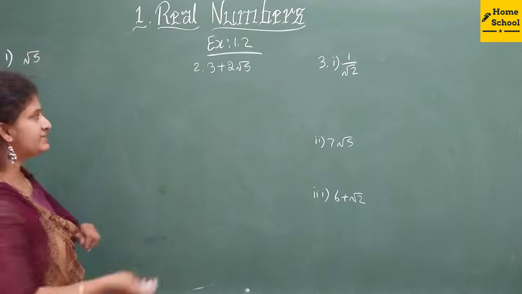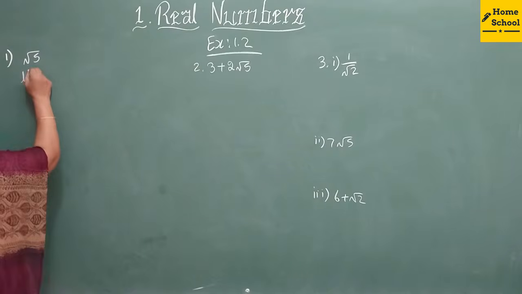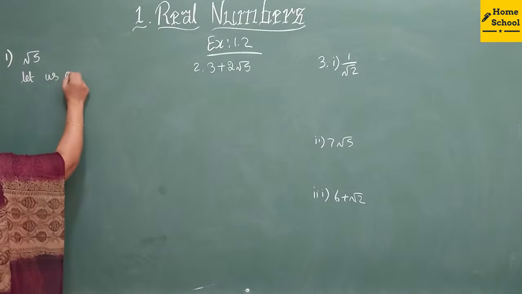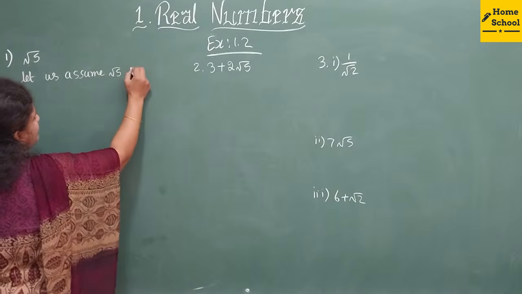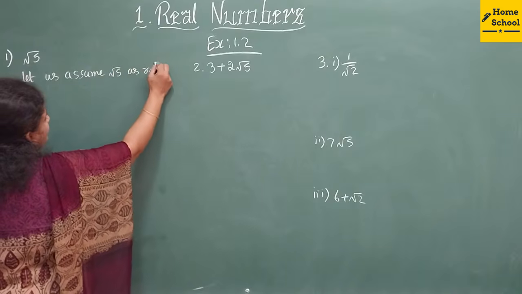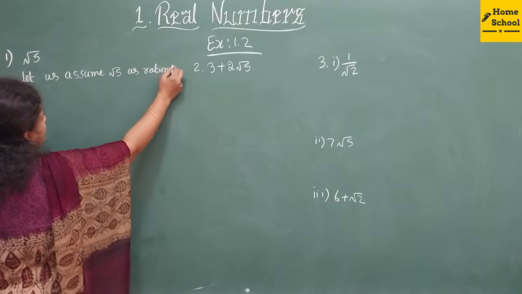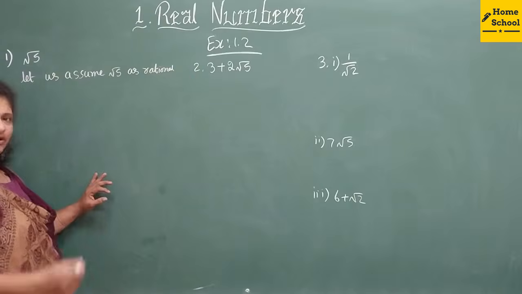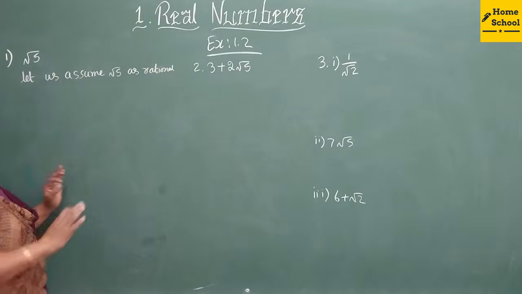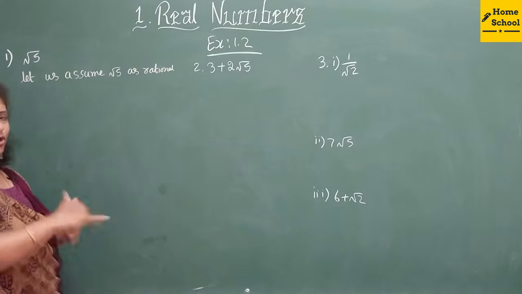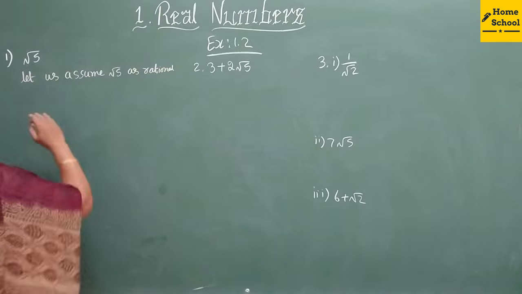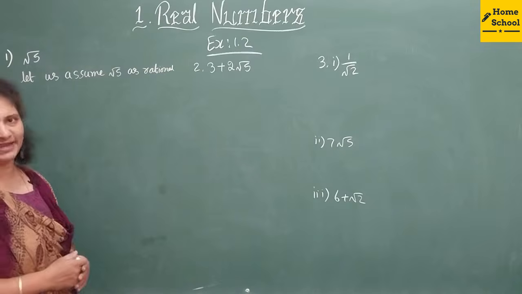First, let us assume. Let us assume root 5 is rational. I am going to say it in an easy manner such that you never forget. To prove root 5 irrational, first I will take the opposite.